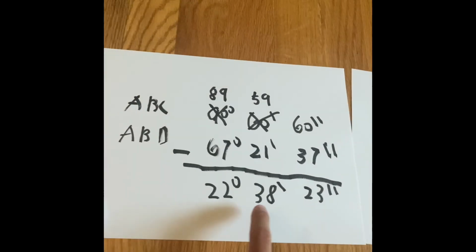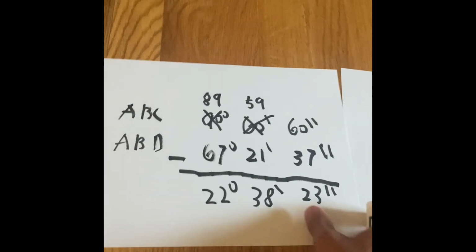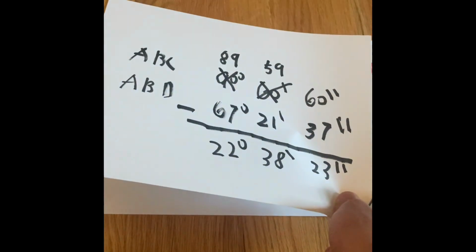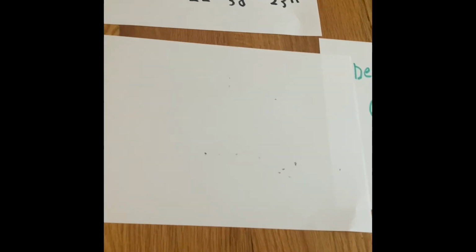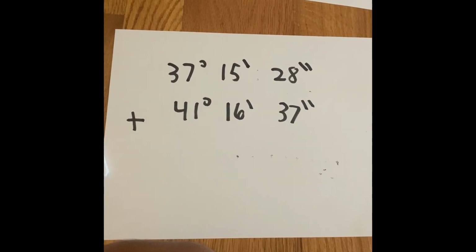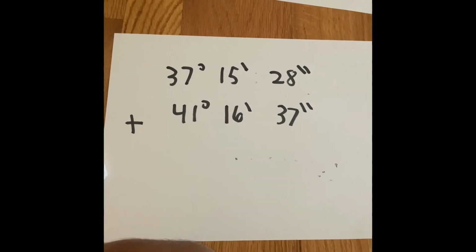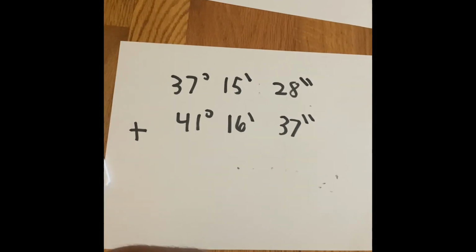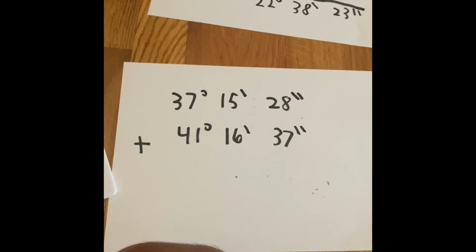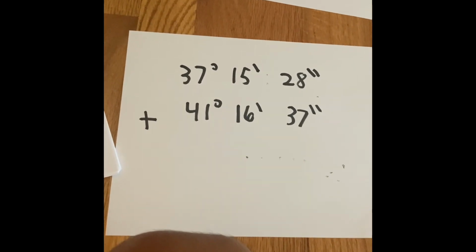If we can subtract them, we can also add them too, and adding can be a lot easier. Here's an example. We have to add 37 degrees, 15 minutes, 28 seconds, and 41 degrees, 16 minutes, and 37 seconds. We do it just like we're subtracting, but this time we add.